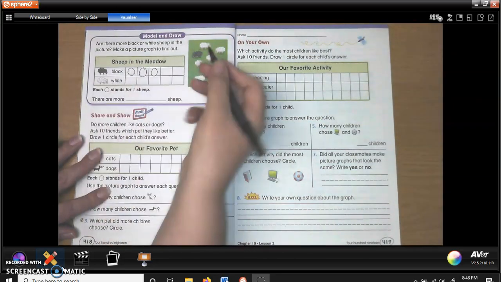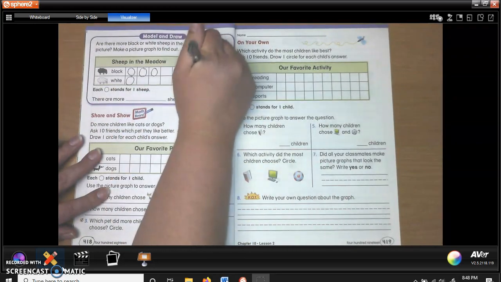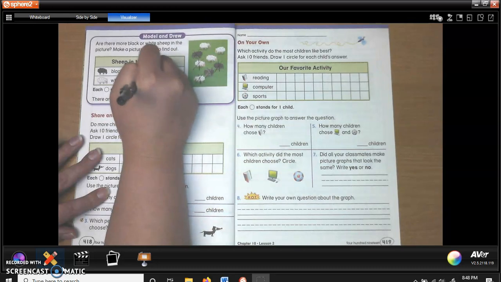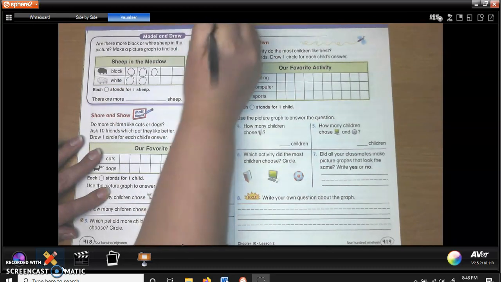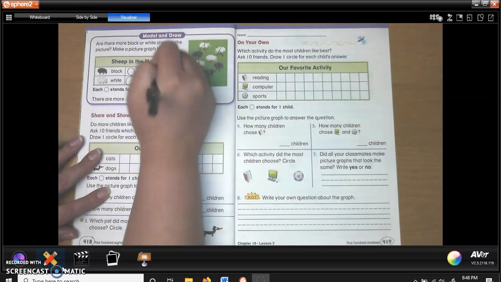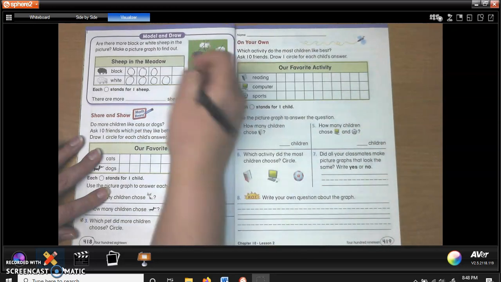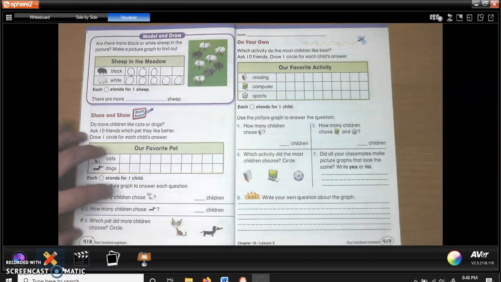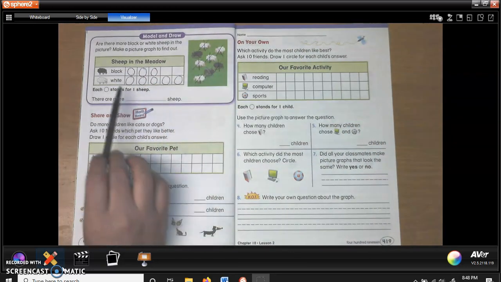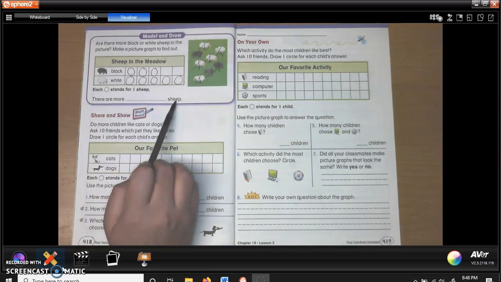Now white sheep. So here's 1, put a circle. 2, put a circle. 3, put a circle. 4, put a circle. And 5, put a circle. So, looking at my picture graph here, there are more white sheep.